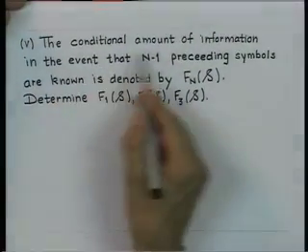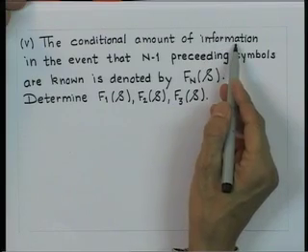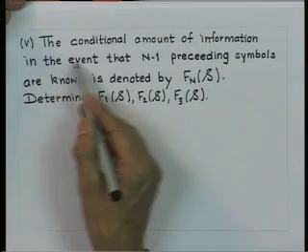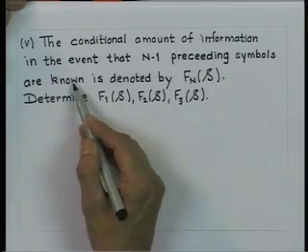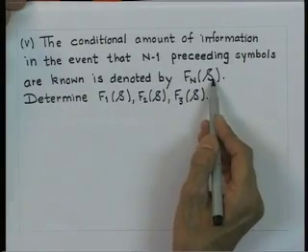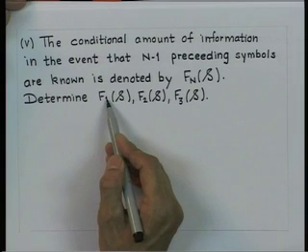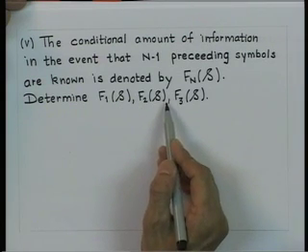Now, if I am interested in calculating F1S, F2S and F3S: the conditional amount of information in the event that n minus 1 preceding symbols are known is denoted by FNS.